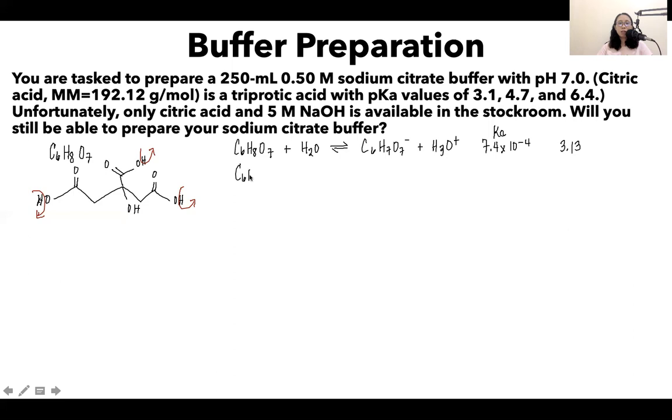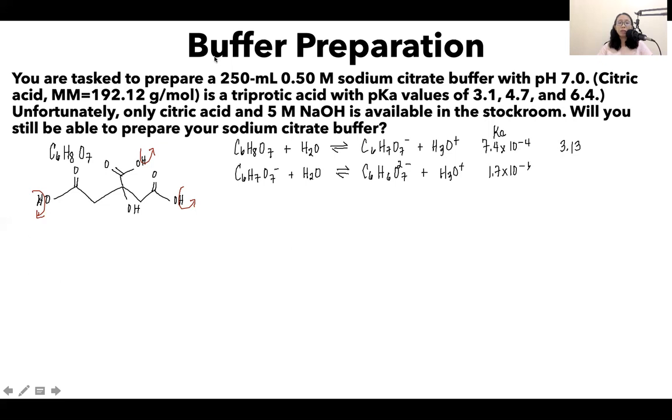For the second dissociation, so we have C6H6O7 2 minus, plus hydronium ion. And the Ka for this second dissociation is 1.7 times 10 raised to negative 5.